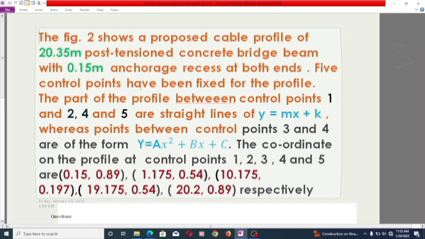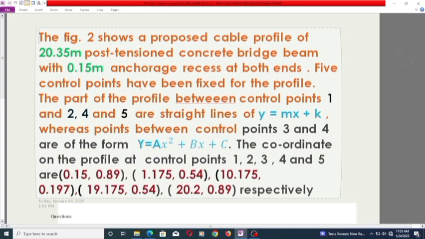Now we've been given what we call the control points. Control points are very essential in determining the losses along the beam. We've been given 5 control points, control point 1, 2, 3, down to 5. The first control point is at the edge of the beam, being a straight line.